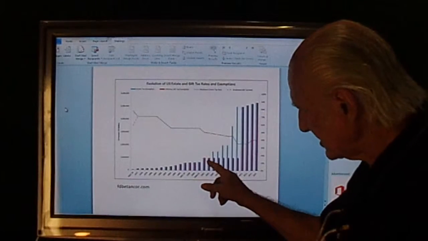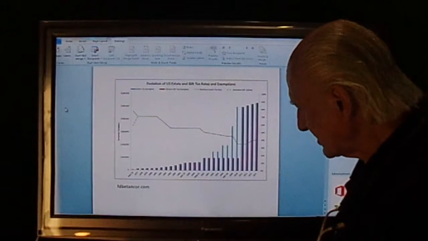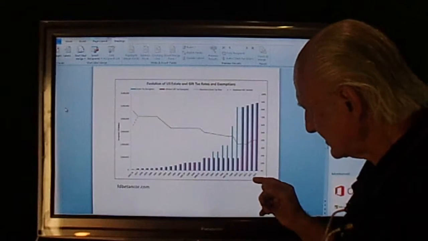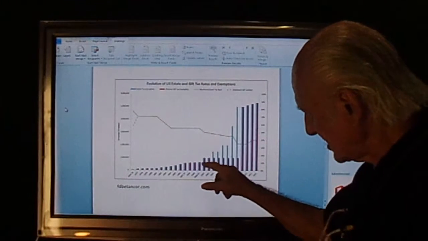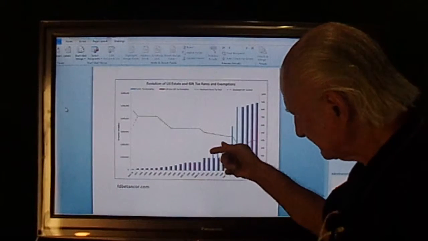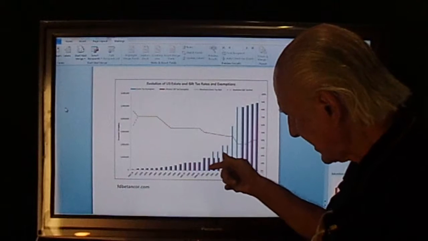Well, when the exemption here was only 1 million, it wasn't such a big problem because capital gains in these states with less than 1 million would be canceled out, capital gains tax.